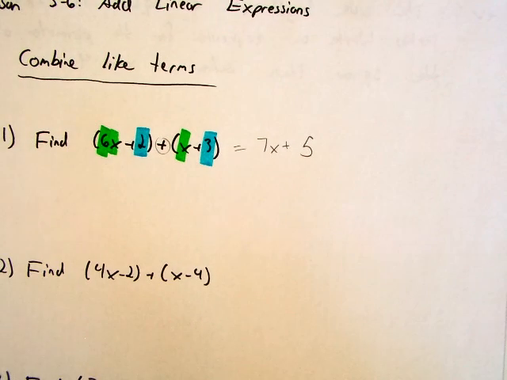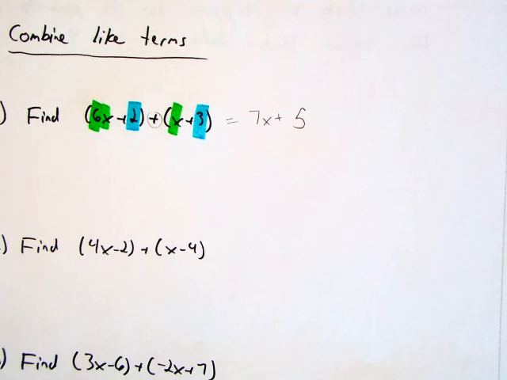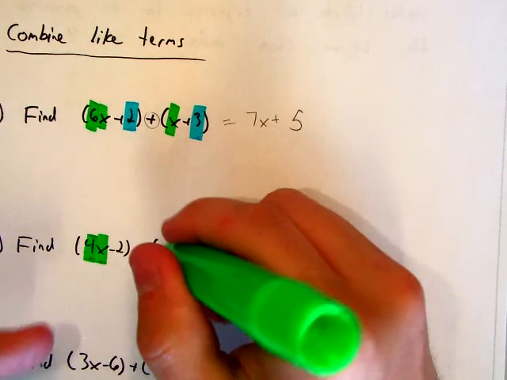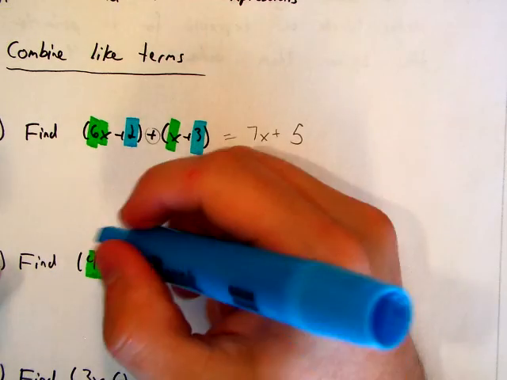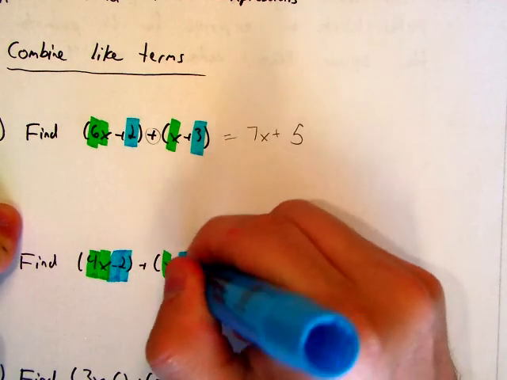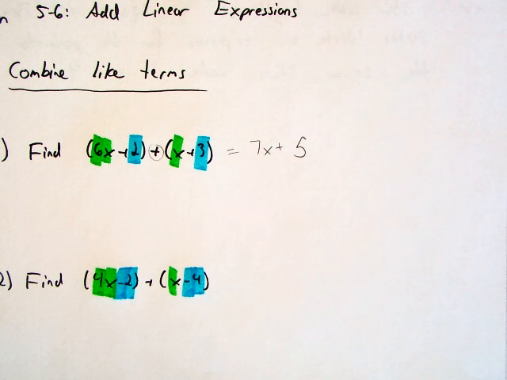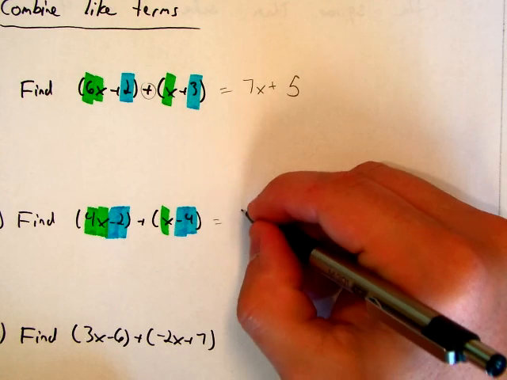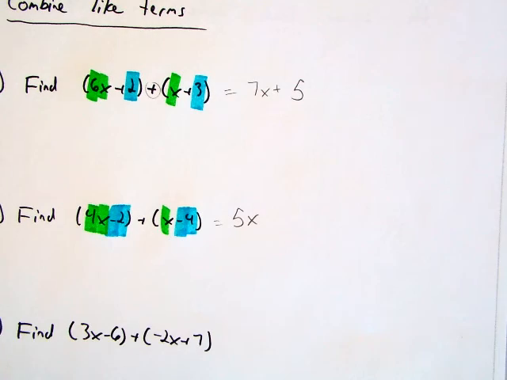Same thing with example 2 now. We're going to look at the same exact process. Make my variables highlighted in green. Make my non-variables highlighted in blue. And then combine the colors. So the two green colors, 4x and x, is equal to 5x.